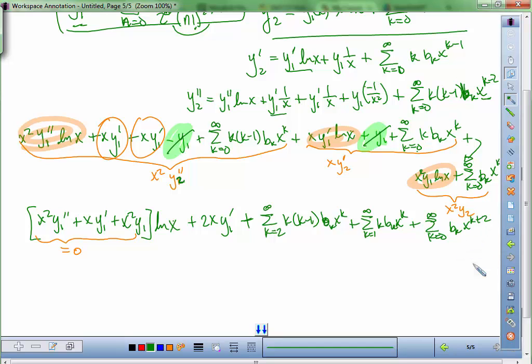So that's the one we need to change the index on. And this is supposed to be equal to 0.